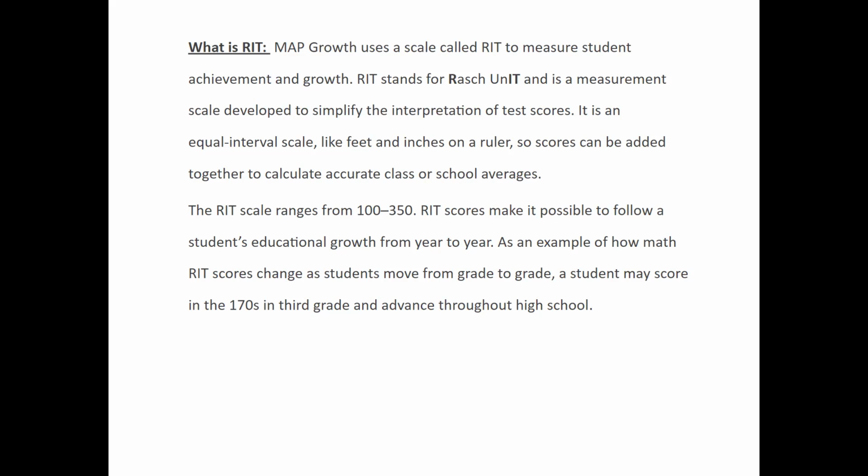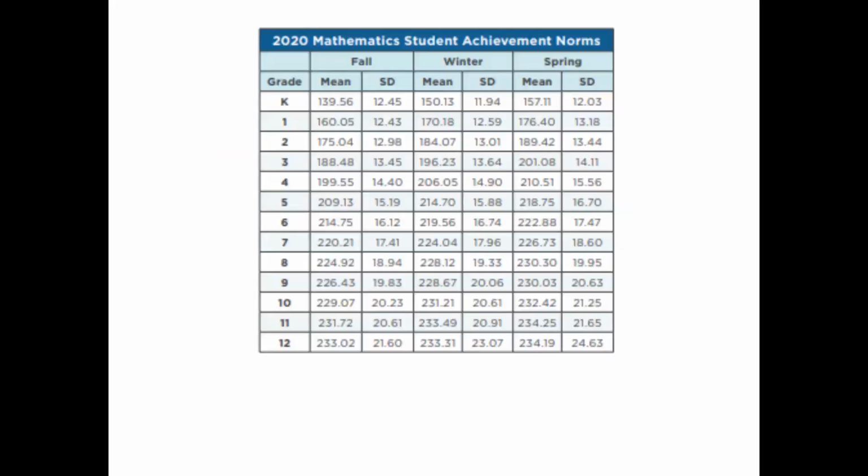The next thing I want to show you is a grade comparison. So I want to look at this column right here, this first column, and if you scored at like the 8th grade level, that would be a 224-ish. 9th grade level is 226, so that's math 1.